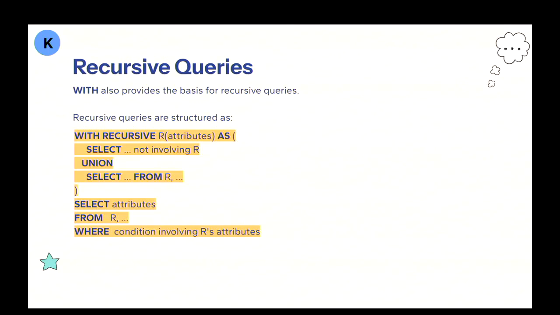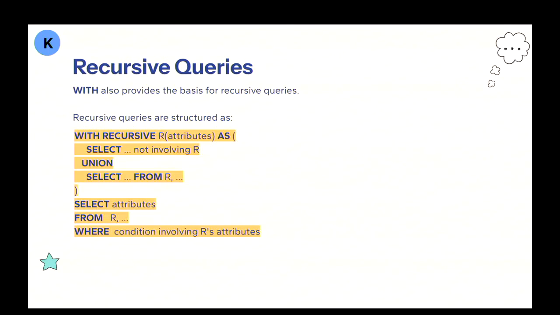And inside the query, we normally use union to aggregate results, to collect results. Normally the first query doesn't involve the relation we have created with the with clause. So it is like the initial state for recursion.